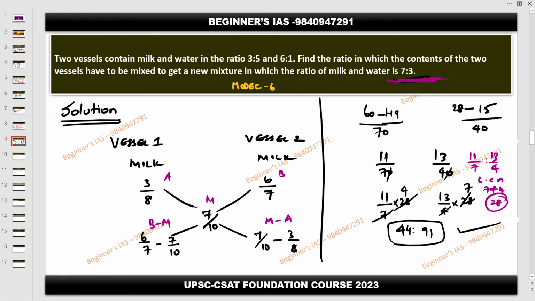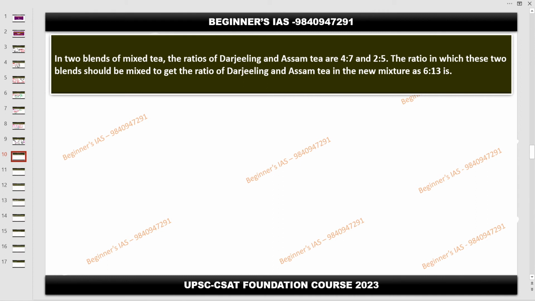Shall I give one more question? Same, you can go with the allegation method. See here. I'm expecting answers from others also, not only Rajshekhar and Dinesh and Vamsi or Pratish. Others also try.